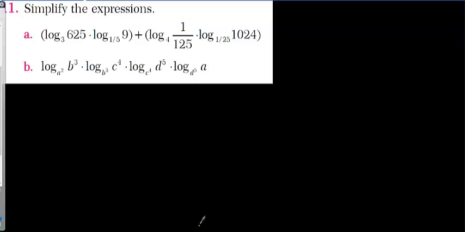For the B part, here all the bases are different, a squared, b cubed, c4, but what is written here also is the same, so I'm going to use the same method.